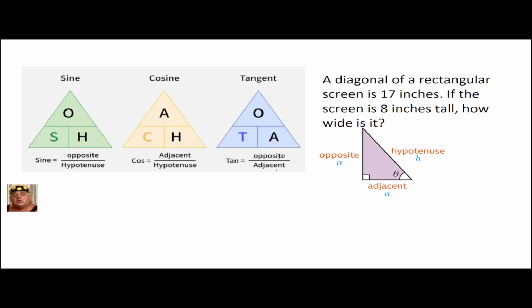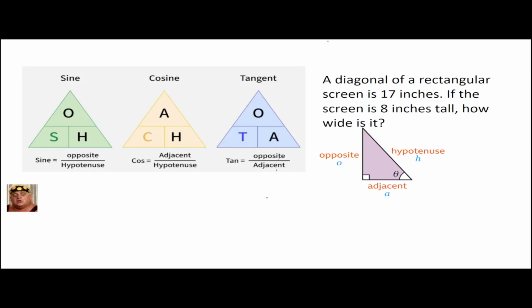We're told that the diagonal of the rectangular screen is 17 inches. If the screen is 8 inches tall, how wide is it?